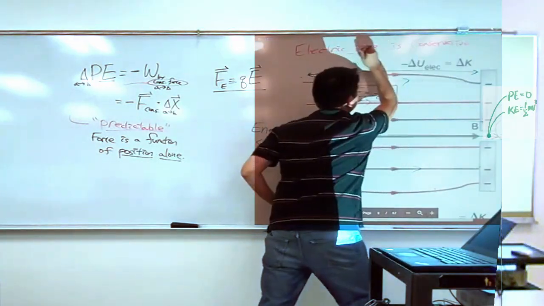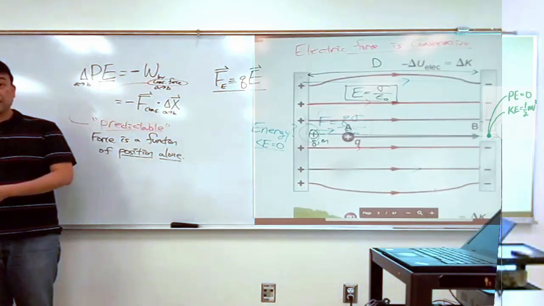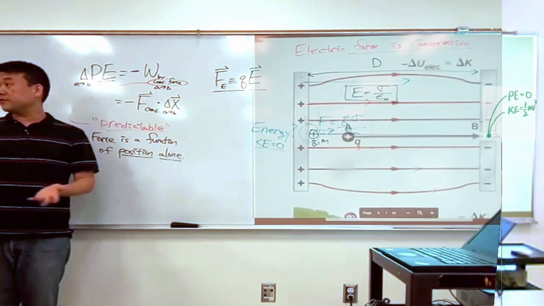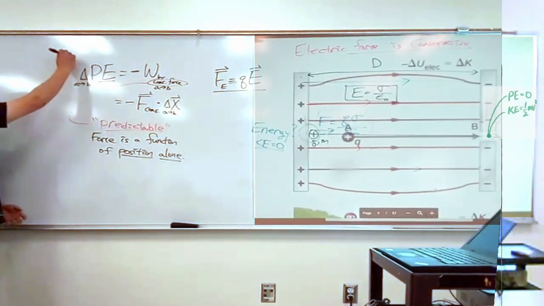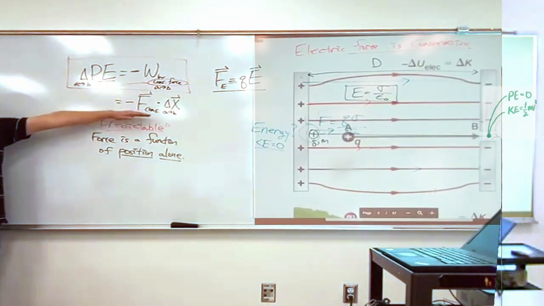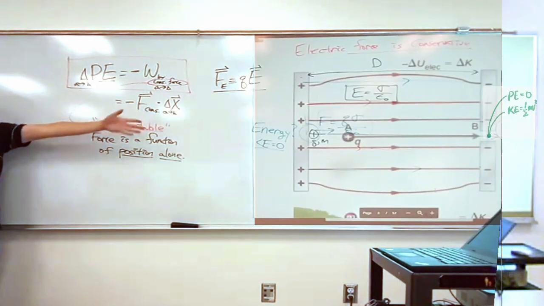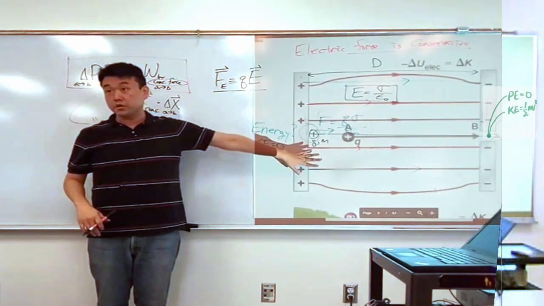That means it's predictable. When you lose some kinetic energy due to work being done by electric force, you have confidence that you will get it back at some later point. So you can define a potential energy based on the work being done by electric force. So here, let's actually do that. We actually know the force for this simple situation.